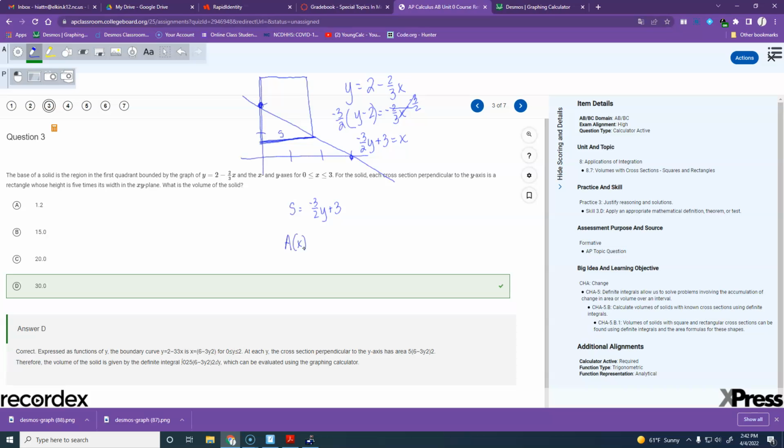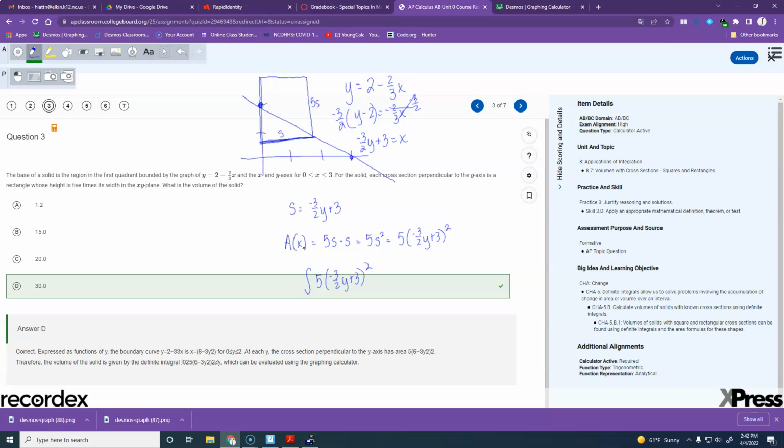I've called that width in the xy plane S. So the height of this rectangle would be 5 times S. So for my area, that would be 5S times S, which would be 5S squared, which when I plug in S, it's going to be 5 times negative 3/2 y plus 3, squared.